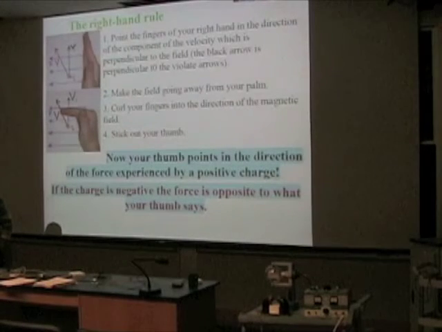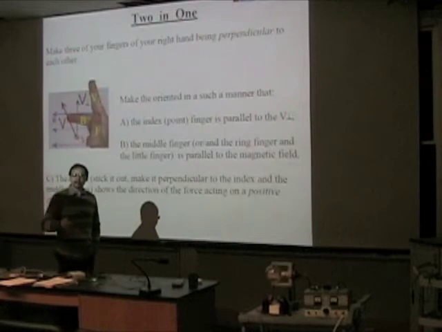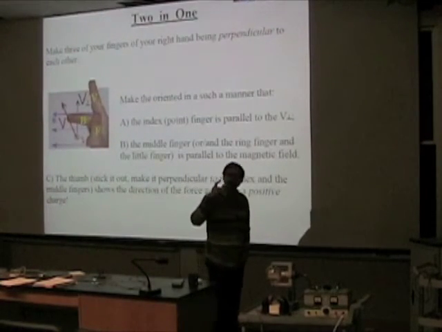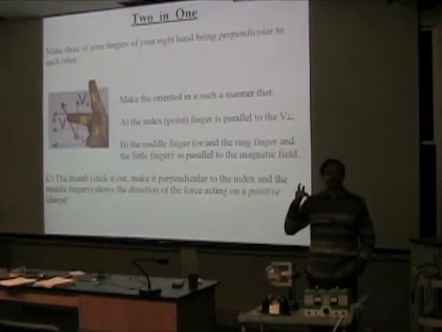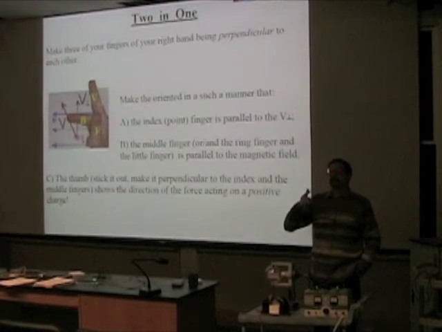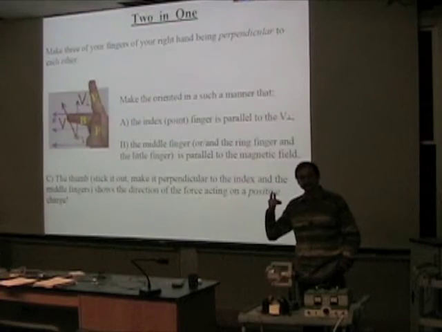I personally don't like making two steps. This is my rule. Right hand rule. If you use your index finger and point in the direction of the velocity, more exactly, the direction of the component of the velocity which is perpendicular to the field.